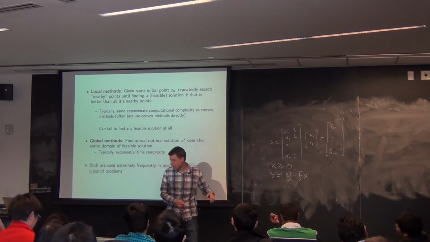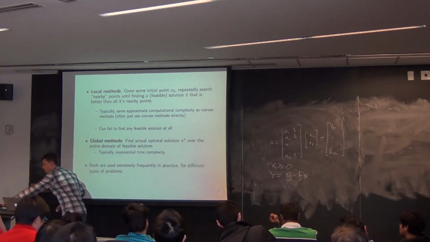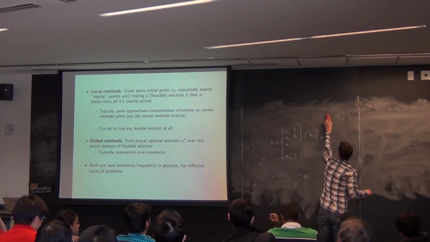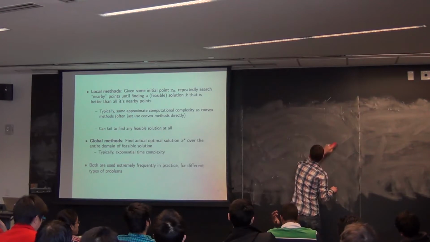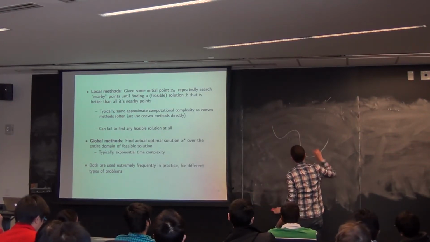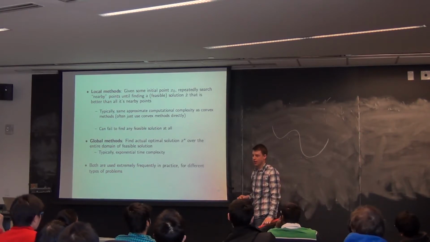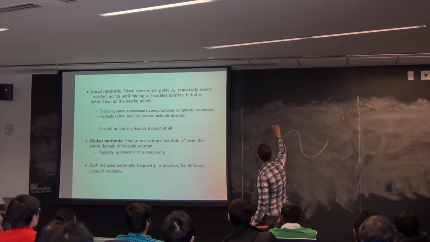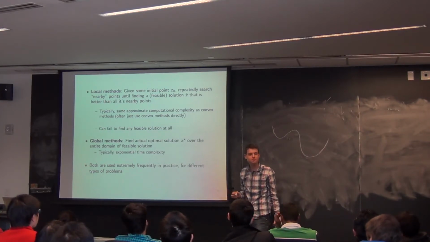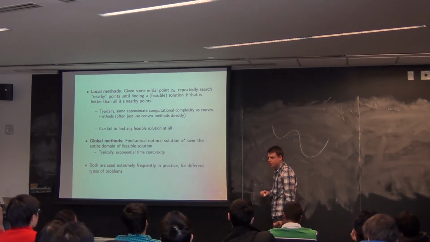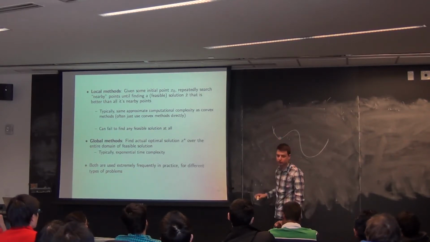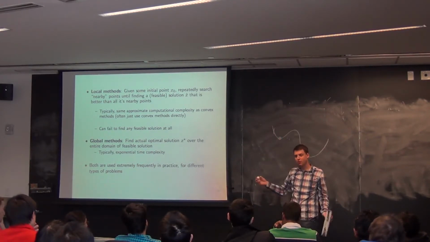So we have our function here, this non-convex function I drew before. Say that you have some starting point x, some initial guess for what the solution might be, and you start there. If you are happy to get to here, then you're happy with a local search method.